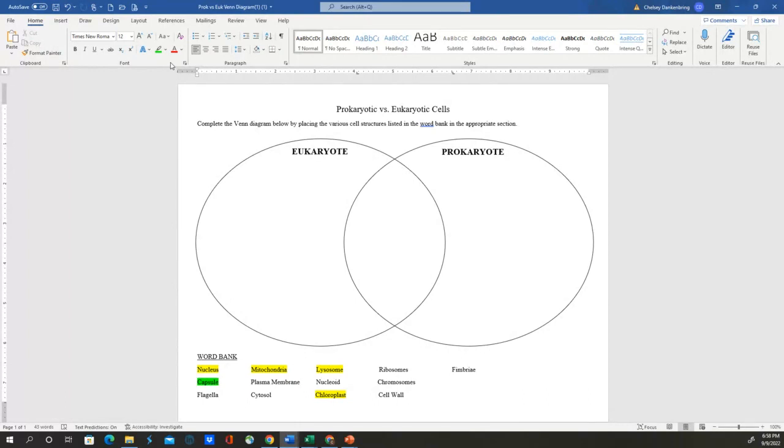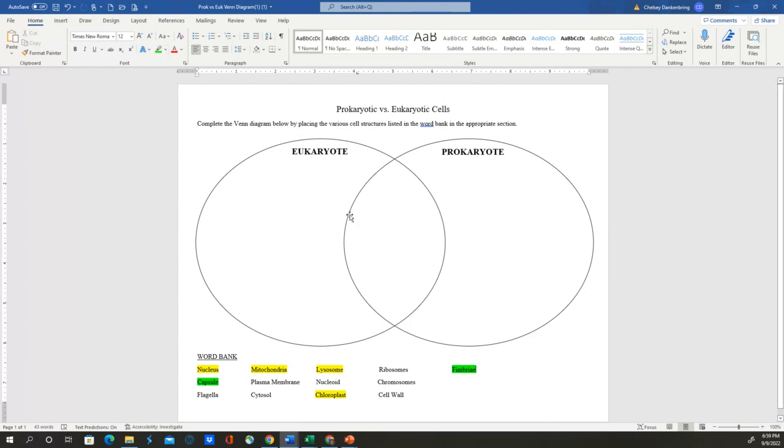It helps make organisms more pathogenic because they evade our immune system easier. So capsules are going to be on a prokaryote. And then the other one unique to prokaryotes is the fimbriae. Remember, those are small hair-like structures that help bacteria stick to things.